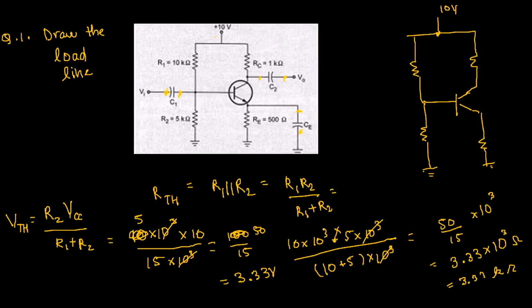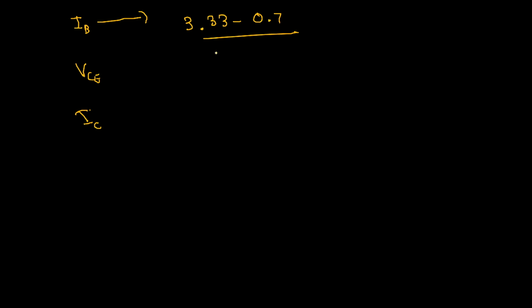RB is basically RTH, which we found out to be 3.33 kilo ohm, and RE is 500 ohm. So we have 3.33 into 10 to the power 3 plus beta plus 1 into RE.